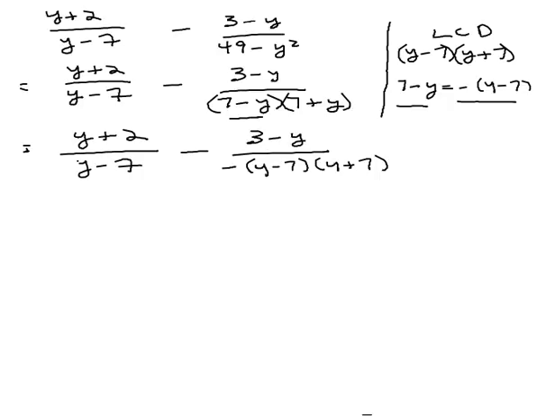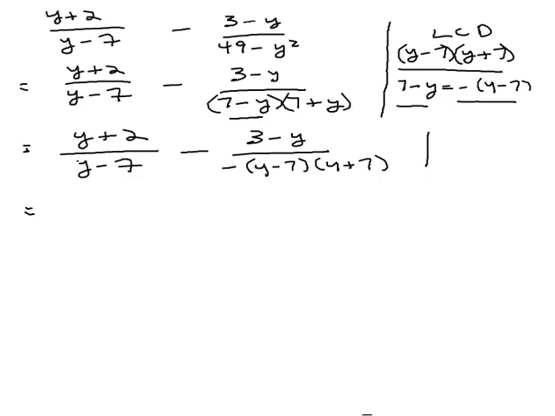Well, notice here, we're going to do one more thing. That negative in the denominator we don't want as part of our LCD. Look up over here to the right. This is what we think our LCD can really be, because y − 7 and y + 7 are really the only factors in the denominator. We just have to get rid of that negative sign.